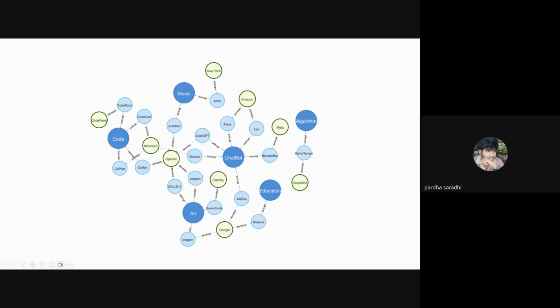Google also gave something similar, Meena, and the DeepMind people also gave some other things. So even the chatbots, which work text to text, are increasing. And if someone is looking for an art kind of thing at the image level, DALL-E and DreamStudio are the best things which will work.